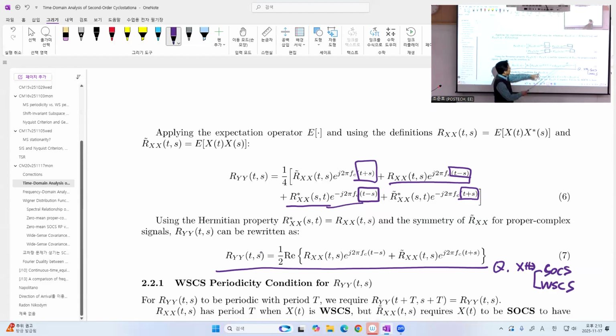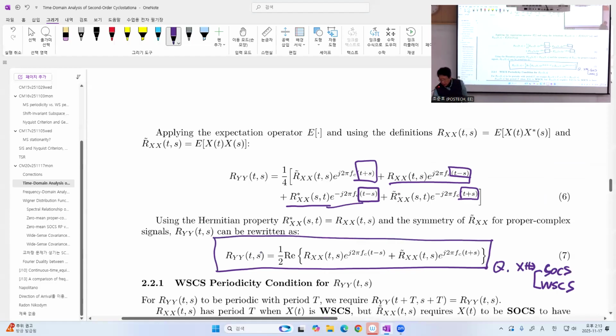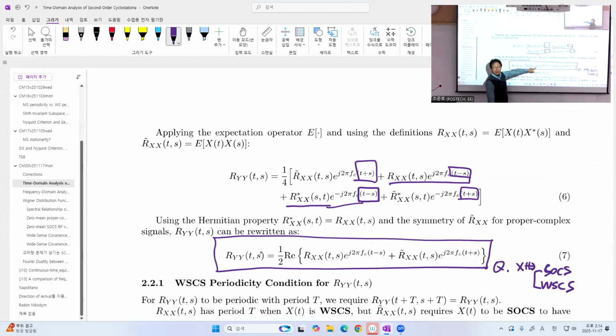As you see here, without talking about the complementary autocorrelation, you cannot talk about the autocorrelation function of the real bandpass signal. So from this expression, you can immediately see that not only the autocorrelation function of the complex baseband equivalent of y of t is important, but also the complementary autocorrelation is important to determine the autocorrelation function of the real bandpass signal.